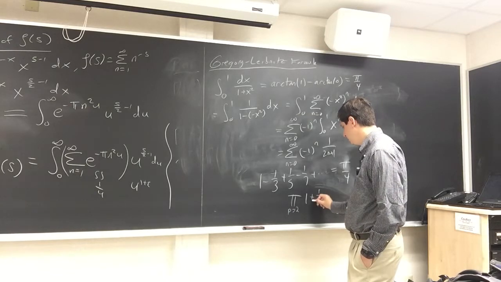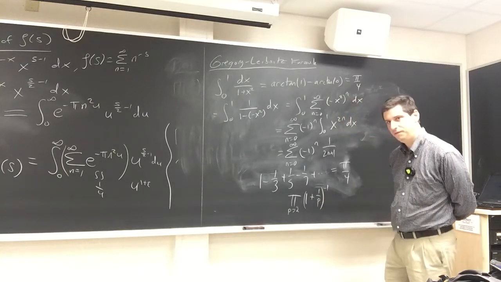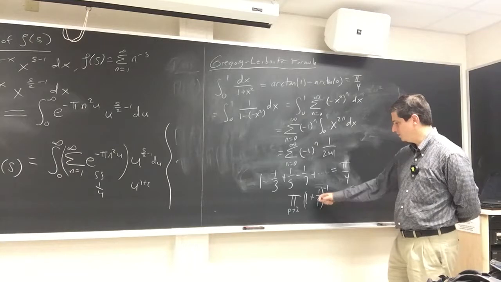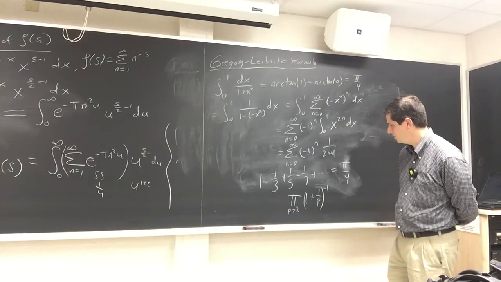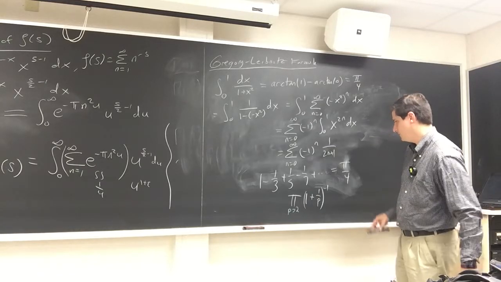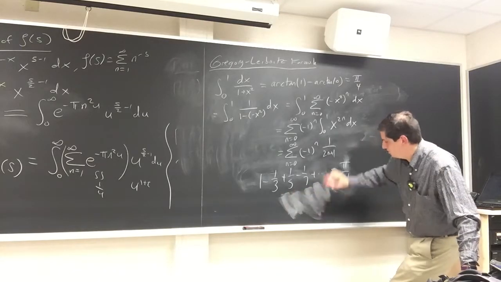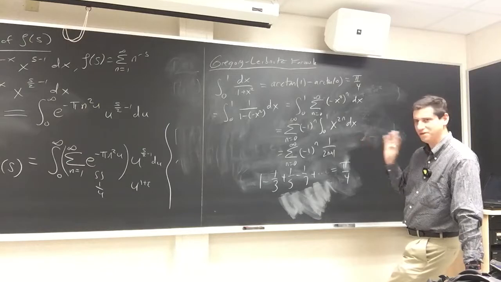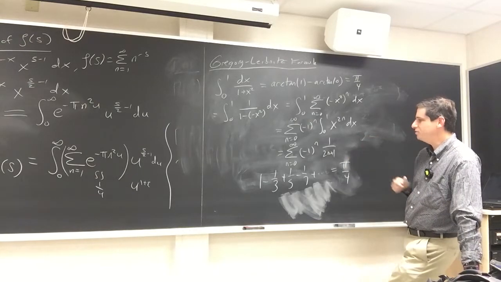I think 1 plus 1 over p inverse. So when I expand this out, oh wait a minute, is this going to be right? No, this is not going to be right. No, I don't want to go down that route right now. I'm going to leave it like this. I'm going to make an algebra mistake. I'm going to stop. I will resist going too far off. But this gives you pi over 4.